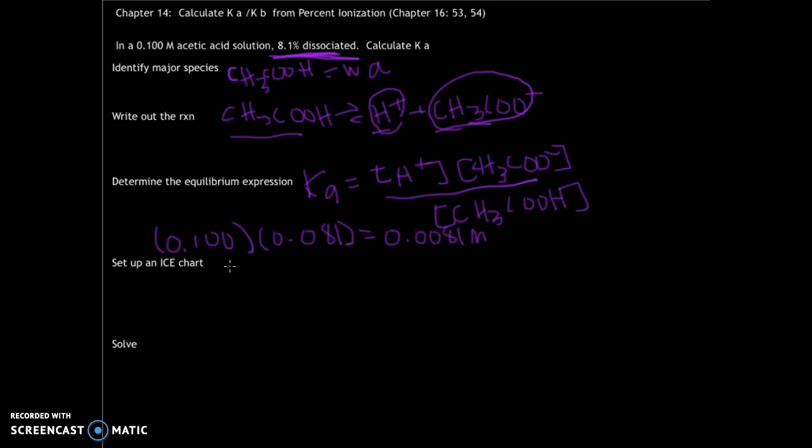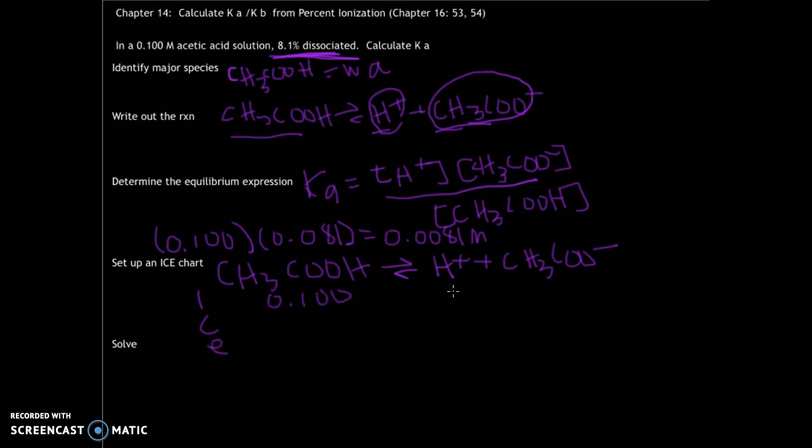So what does the ICE chart look like? Well, let me rewrite out the expression: acetic acid in equilibrium with its ions. ICE. The initial concentration of this is 0.1 molar. You don't have any of this, and you don't have any of this.